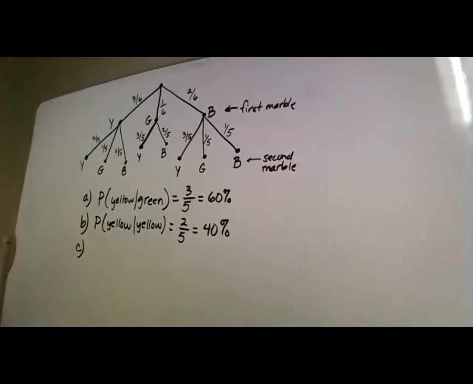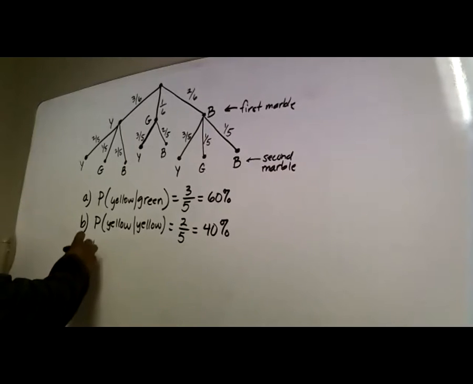All right, part C. Here we want to determine the probability that the first marble is blue and the second is green.